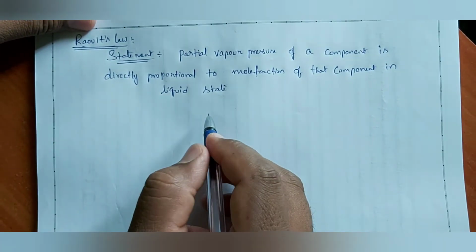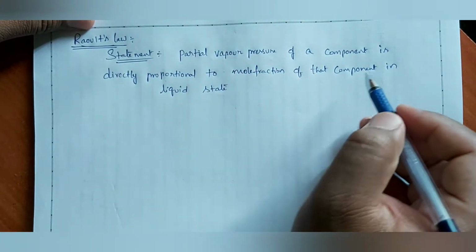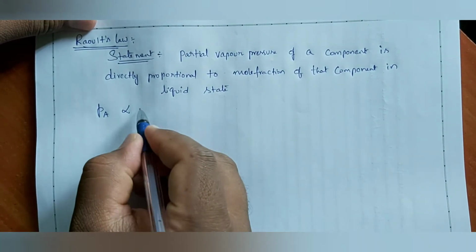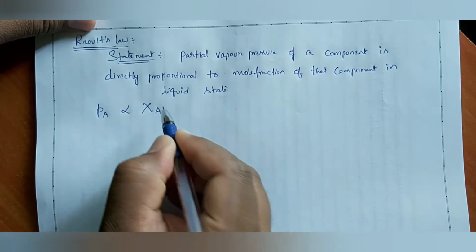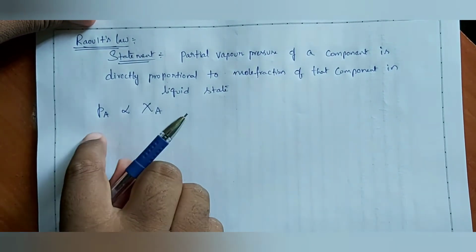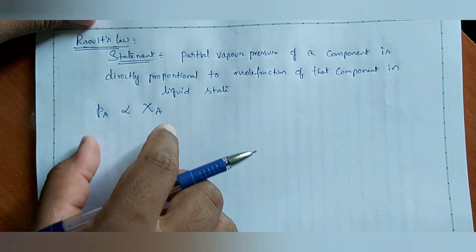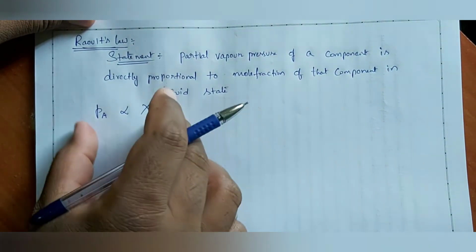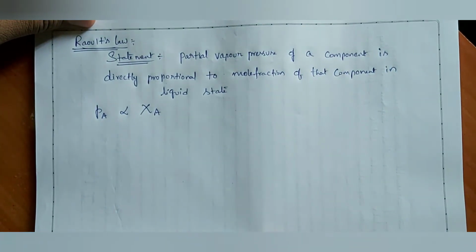That is the meaning. From this statement we can understand Pa is directly proportional to chi A. How it is directly proportional, I will explain once. First we will see the formulae related to this one.